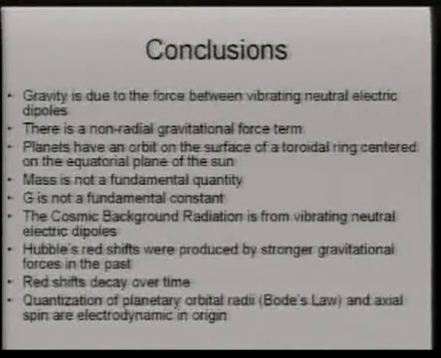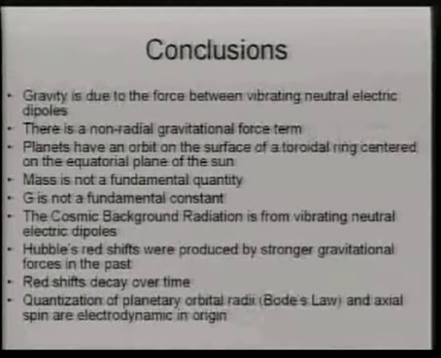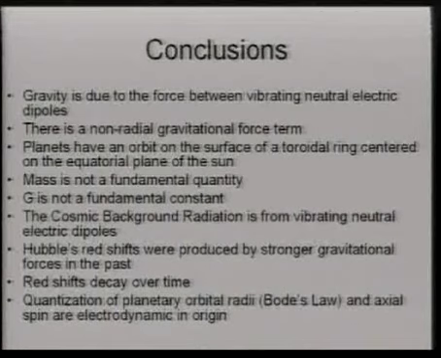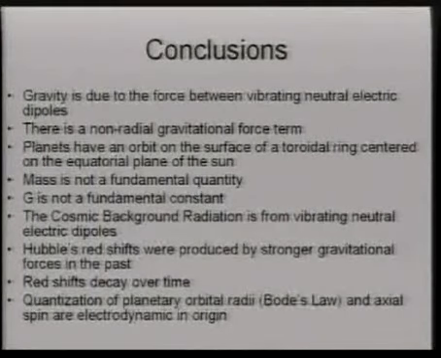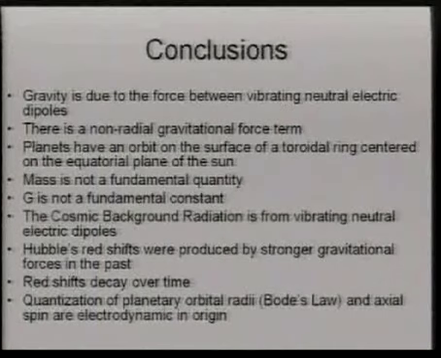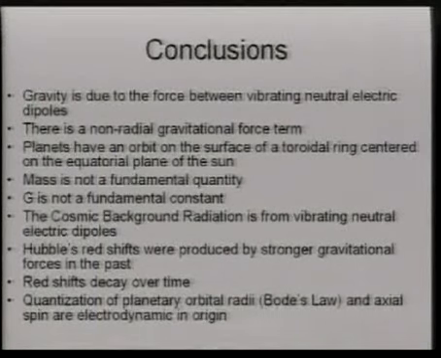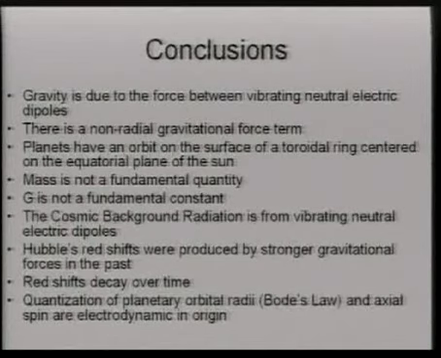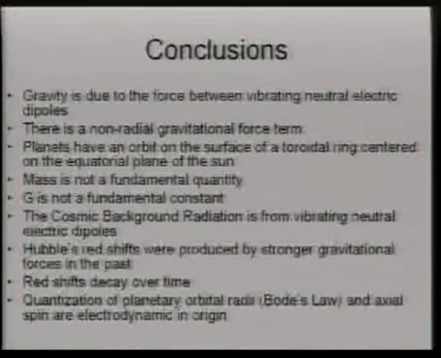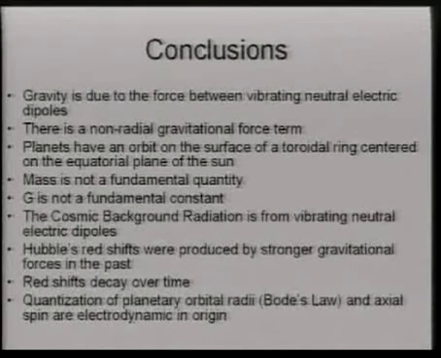So if he could do it without mass at all, what is mass? Well, mass is something that Newton defined. And it turns out it's not a fundamental quantity, but it looks like it from its laws, and we just assumed it was. And G, the universal gravitation constant, is not a fundamental constant either.